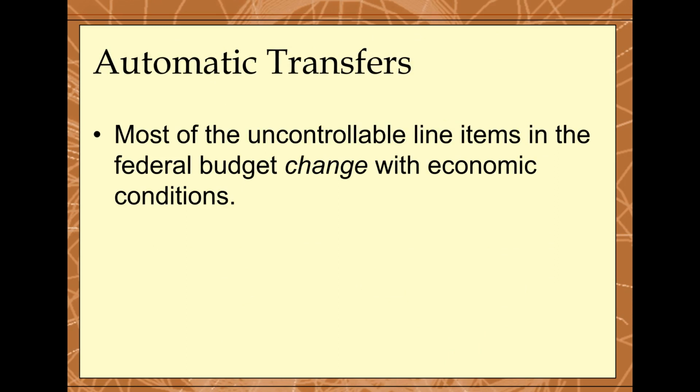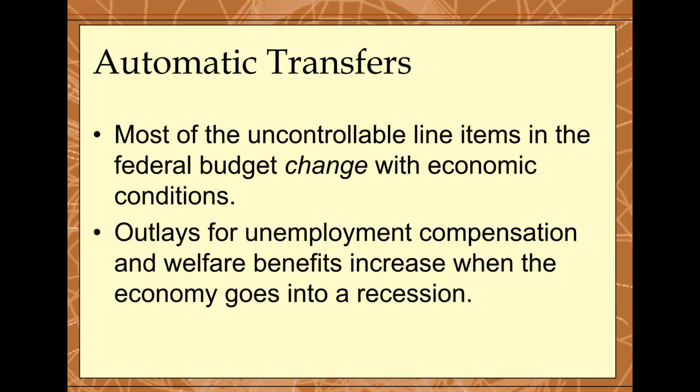Now, again, most of the uncontrollable line items in the federal budget change with economic conditions. In other words, government spending will increase when unemployment goes up because the government spends more on unemployment benefits. That's an example of what we're saying right here. And so outlays, or in other words, government spending for unemployment compensation and welfare benefits increase when the economy goes into recession.